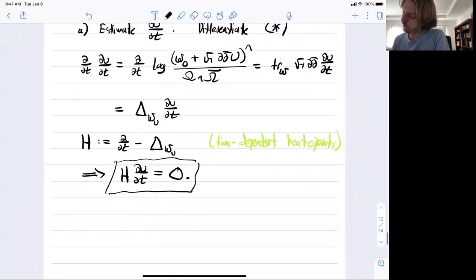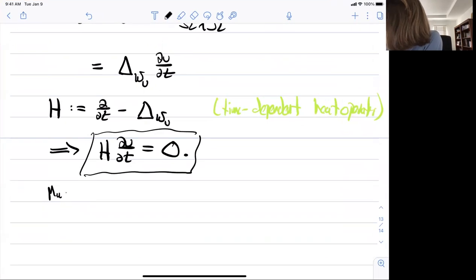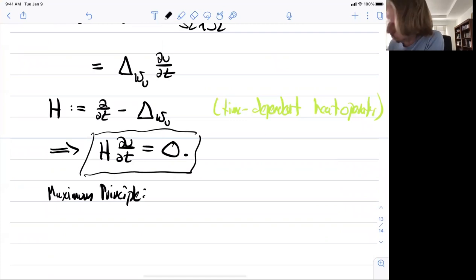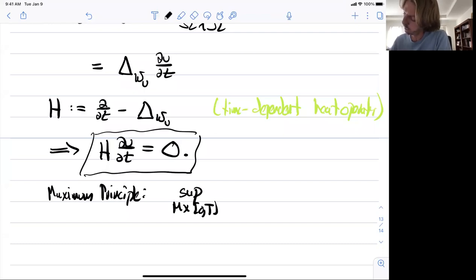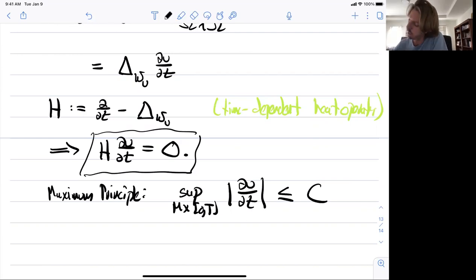We discussed parabolic maximum principles, and immediately from the maximum principle, you get that the sup over M cross any interval of existence of the absolute value of del u dt is bounded above by its initial value, depending on u naught.